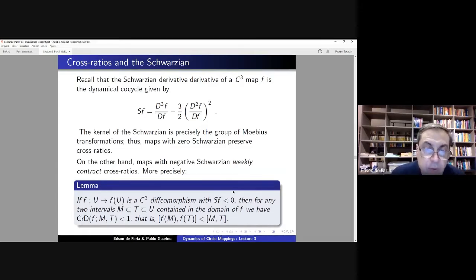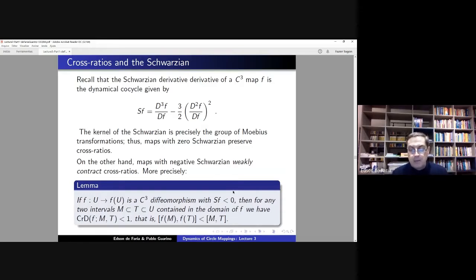Now, I should point out that these cross ratios that I introduced are not the cross ratios that Yoccoz used in his original proof of his theorem. He actually used a kind of degenerate cross ratio, which is what you get when you let M converge to T. When you have M inside T and you make M bigger and bigger until both endpoints of M touch the endpoints of T, they coincide.